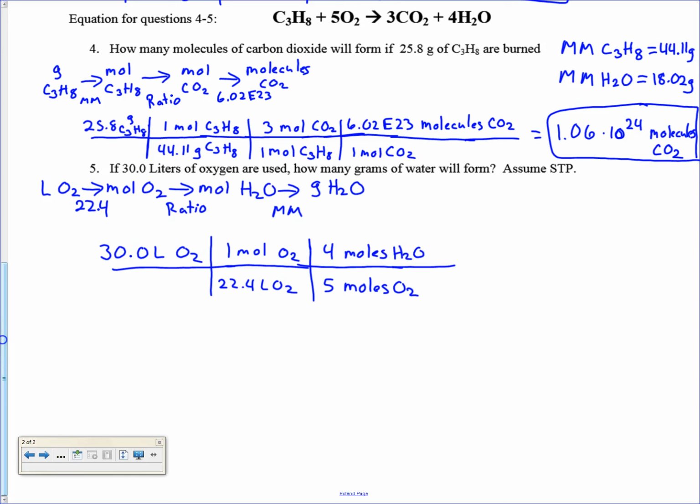All right, and then last step here, going from moles of water to grams of water. For every 1 mole of H2O we have, there is 18.02 grams. Go ahead, write that all out. You should find that we get 19.3 grams of H2O.